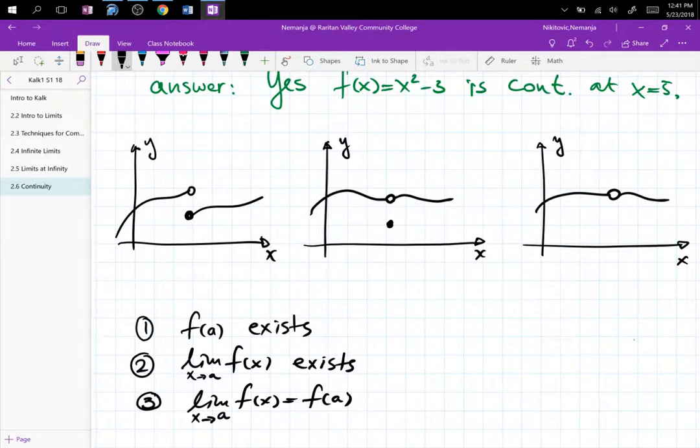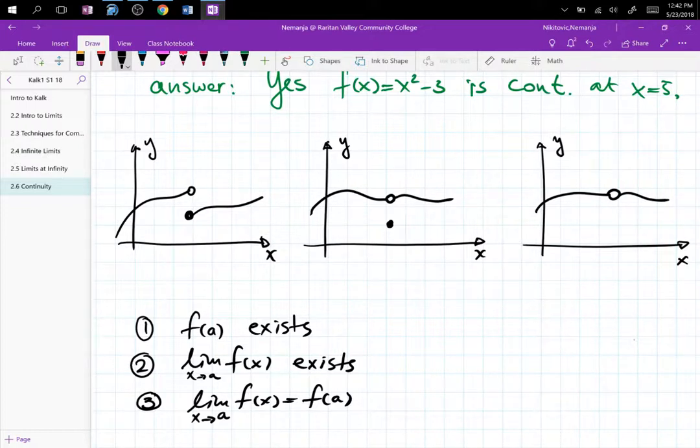You look at these and you know they're all discontinuous, which means that something out of this list, 1, 2, 3, fails. What fails on the first graph? Which rule? Rule 3. Rule 2, limit does not exist.